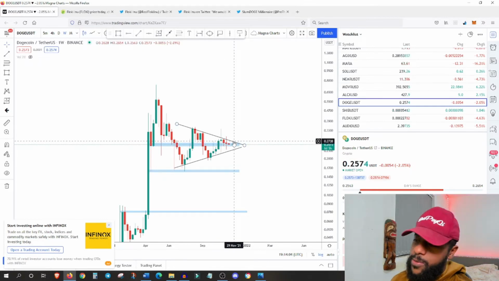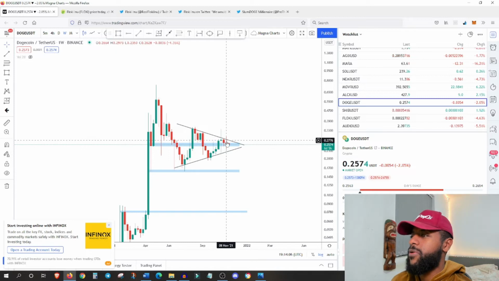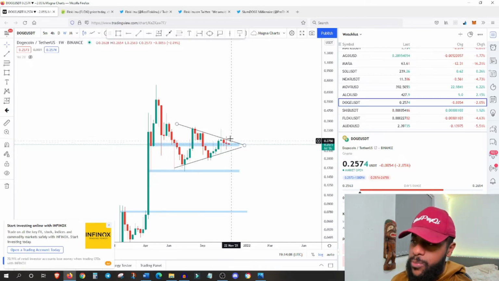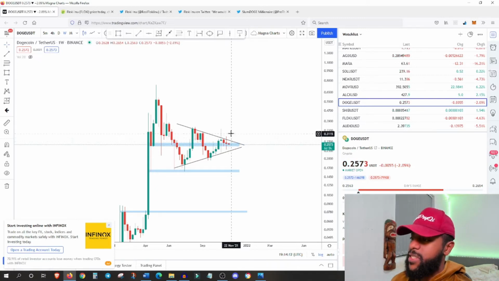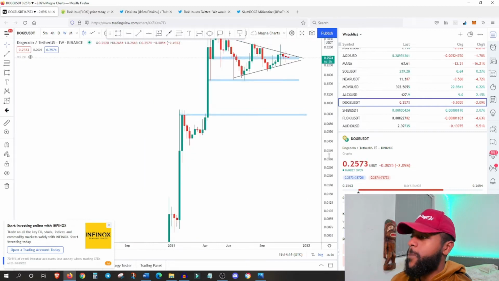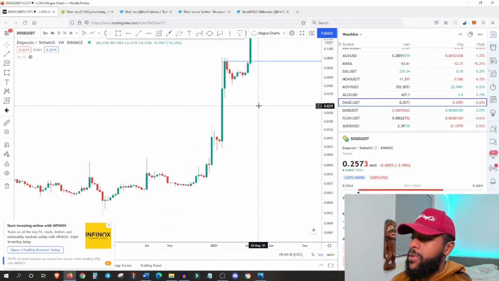So it's definitely best to wait for a convincing break, and then you can place your chips. If it breaks above this counter trend line, maybe retests it and starts showing conviction, then you can start to become more bullish.